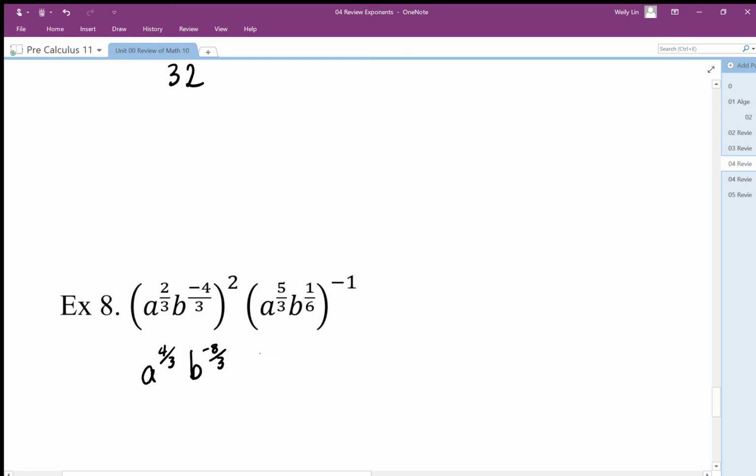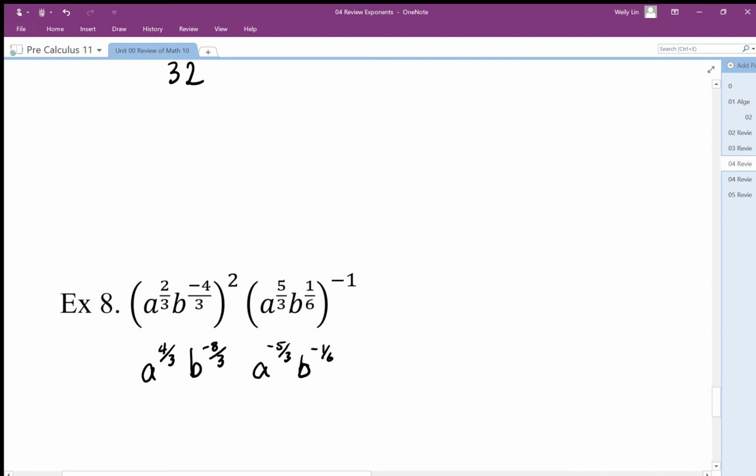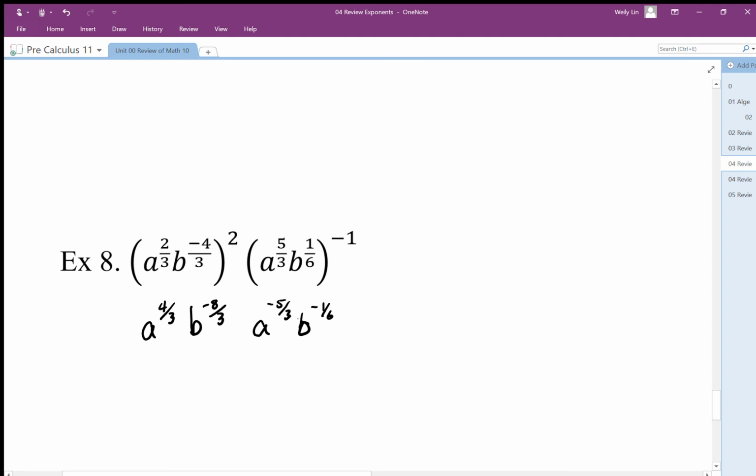So here I'm going to end up with a negative power. This just all means it's going to be divide. I could put it in a fraction, but I'm just going to leave it as a negative exponent. And what I'm going to do here is just I'm going to combine these exponents. So a to the 4/3 plus a to the, I have dividing by 5/3.